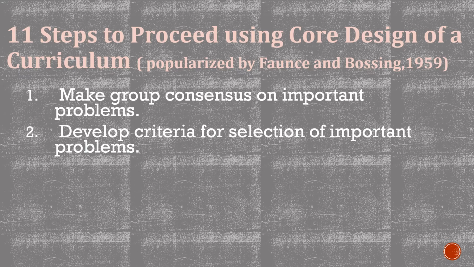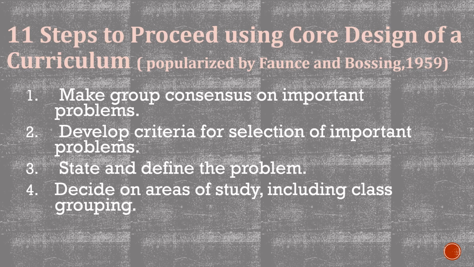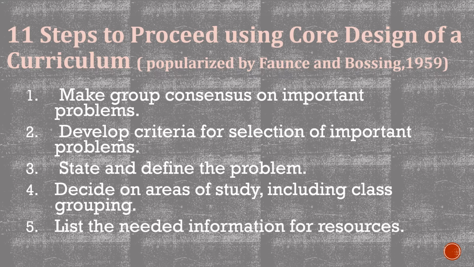Second step, develop criteria for selection of important problems. Third, state and define the problem, meaning from general you make it specific. Fourth, decide on areas of study, including class grouping. Fifth, list the needed information and resources.